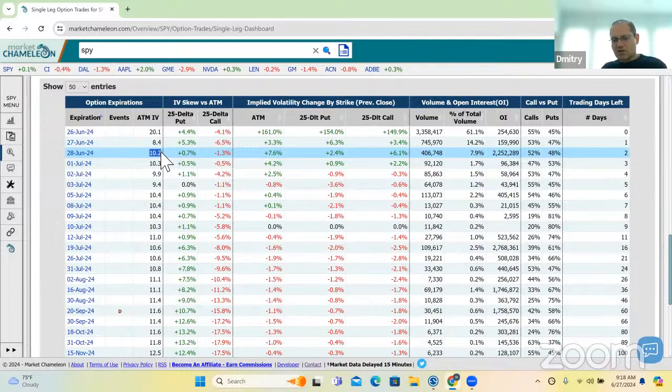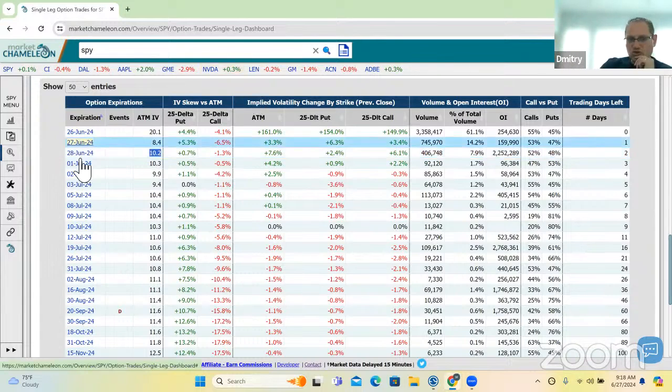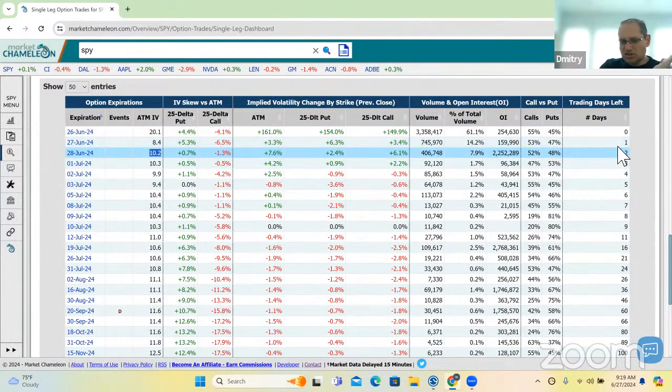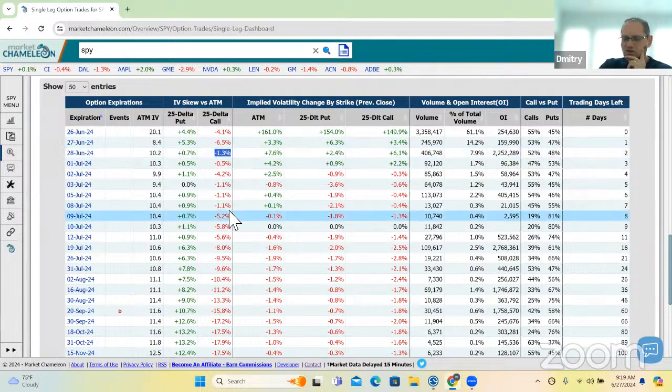Is it the same? And what we do is say, find me a 25 delta put and a 25 delta call, and then let's compare. The 25 delta put will be a downside put, a put that is below the at-the-money. The 25 delta call will be a strike that's above the at-the-money. So here we can see, for June 28th, it has 2 days to go, which is not that significant going out, but we can see that the upside call is 1.3% lower, or discounted, to the at-the-money.